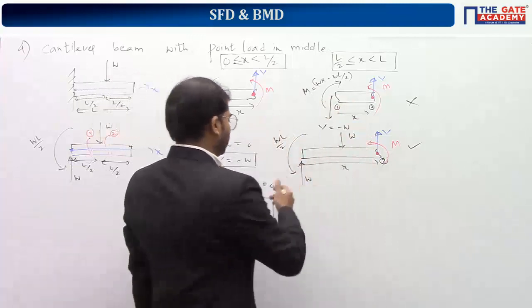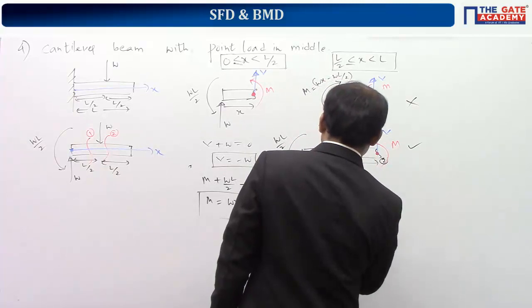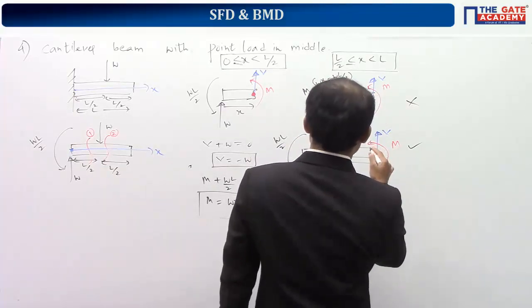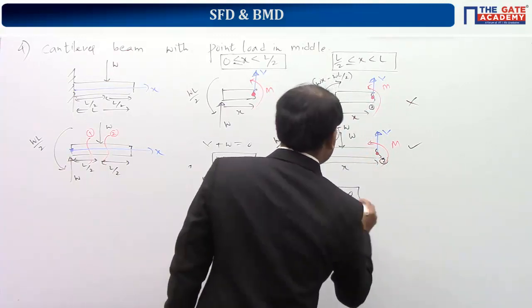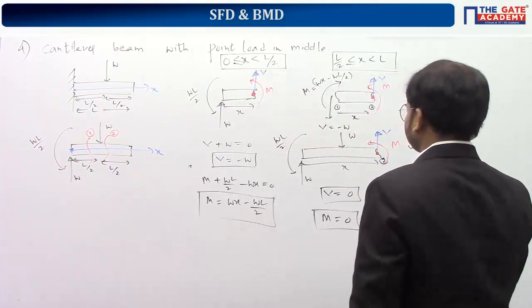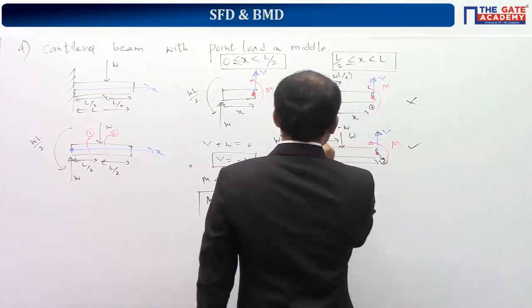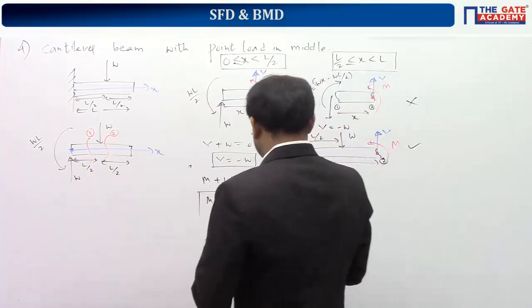Understood? So if you do the calculation, you will get V plus W minus W is equal to 0. So V will come out to be 0, and for M, if you do it, you will get the value of M also equal to 0. Kindly check it. M anti-clockwise, W into X clockwise, W into L minus L by 2 minus X clockwise, WL by 2 anti-clockwise, all should add up to 0.